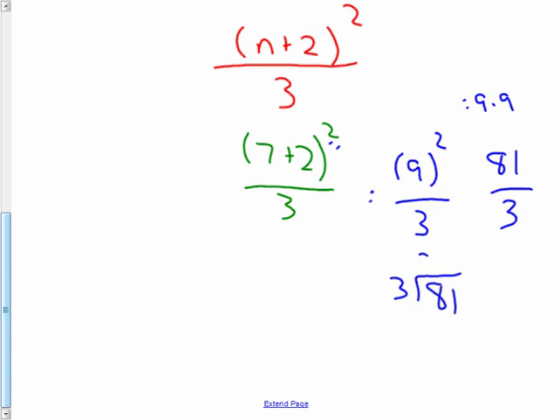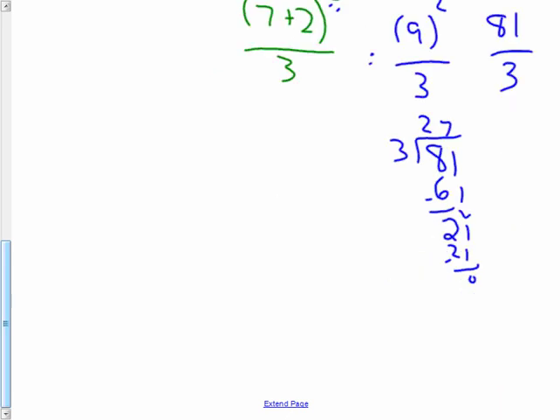And 3 goes into my 8 twice. 2 times 3 is 6. 8 minus 6 is 2. Bring down the 1. I get 3 goes into 21 7 times. 7 times 3 is 21. There I have it. All right, so after all of that, my answer should be 27.